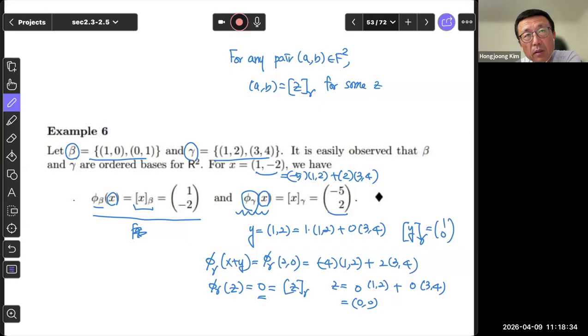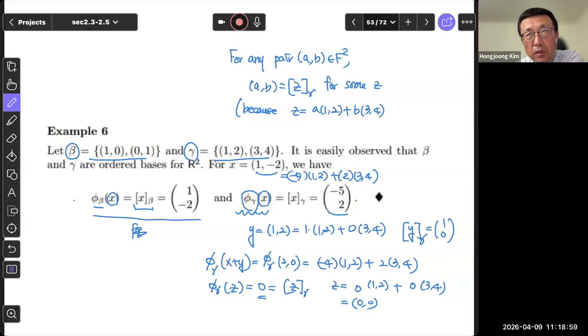Why? Because I can literally construct z. A times (1, 2) plus B times (3, 4).